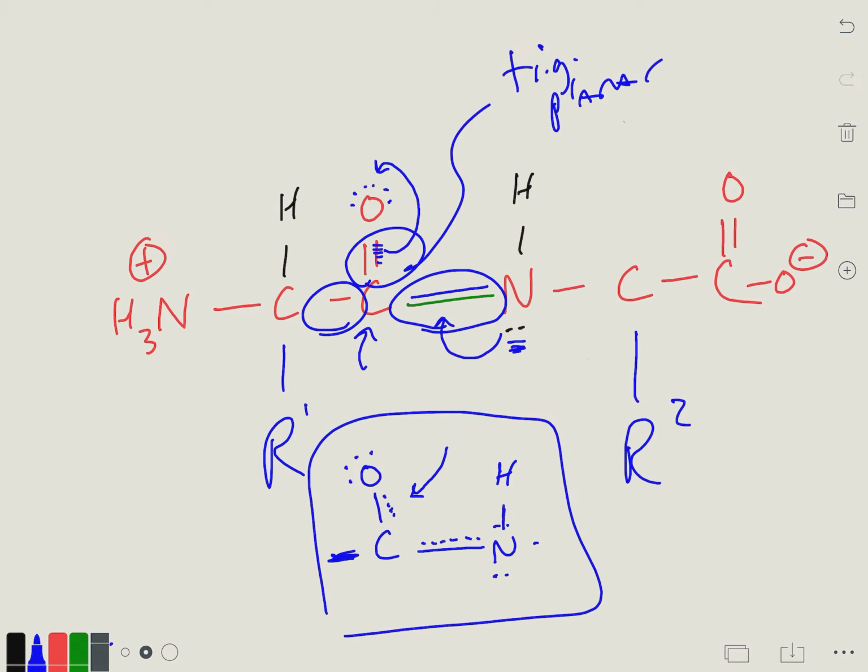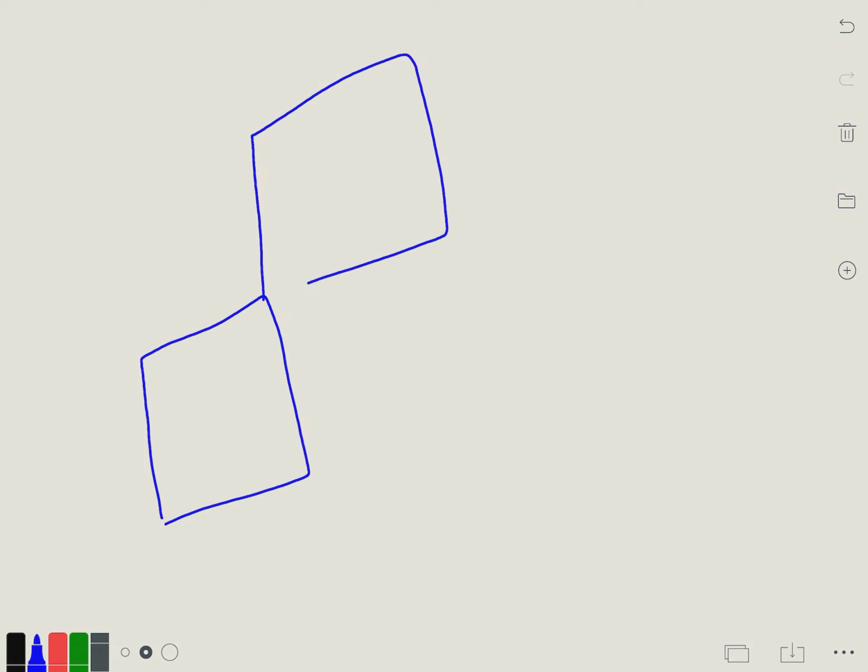Because the nitrogen is locked in place, it gives this part of the bond a rigid structure. The book uses a neat little example. It says that amino acids are like playing cards, end to end, like this. And so this is the peptide bond here, the carbon nitrogen bond, and then the nitrogen carbon bond, and then the carbon.